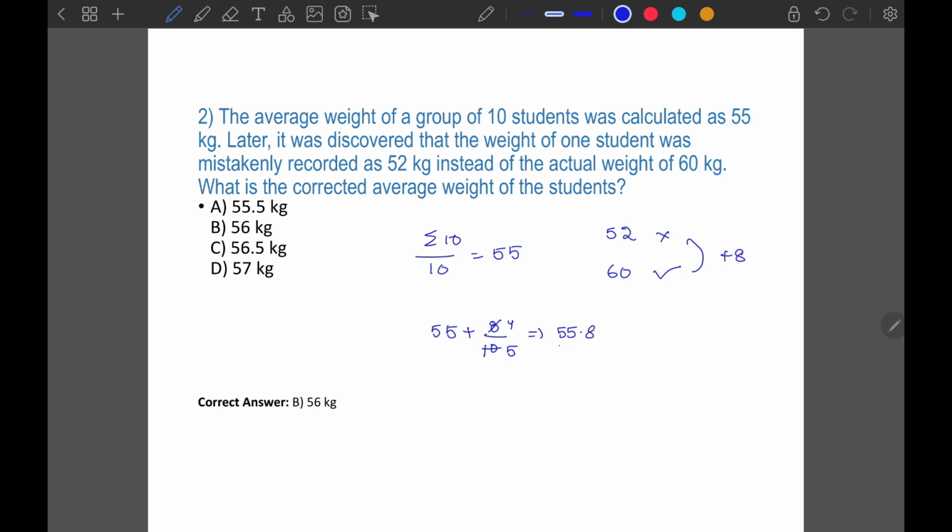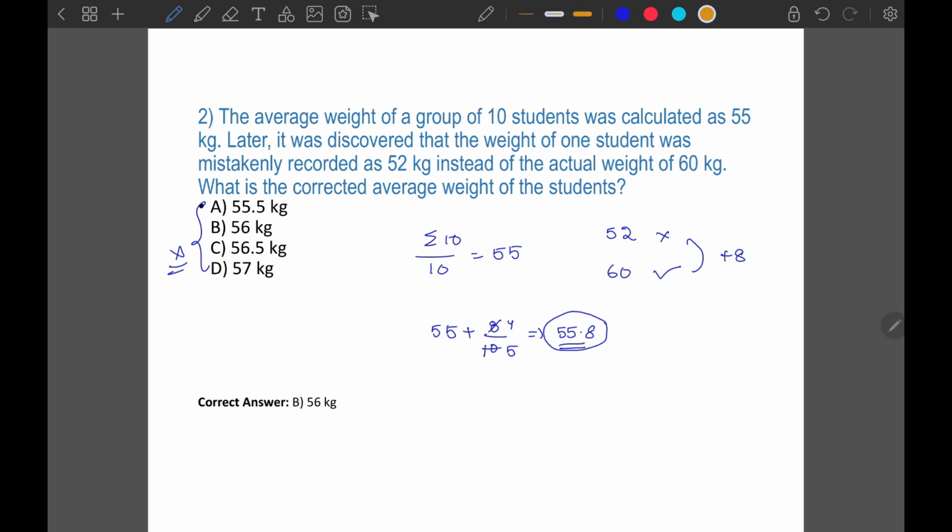So it is 55.8. Actually the options are not correctly given, but the correct answer is 55.8. That is the new average of the given data.